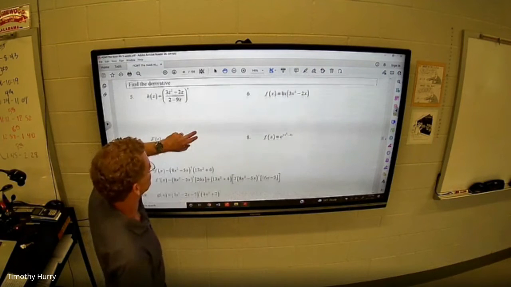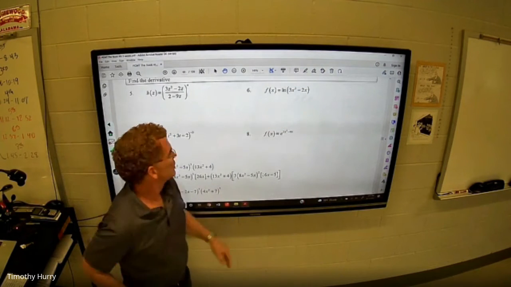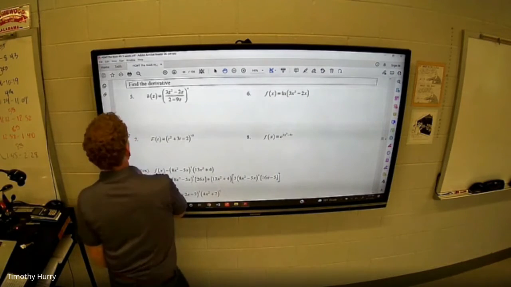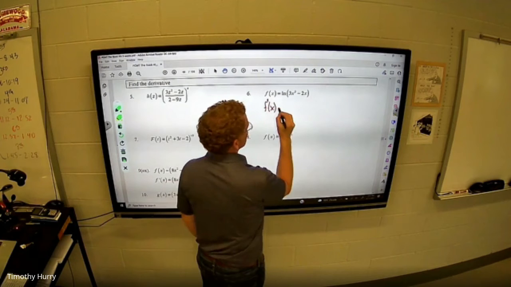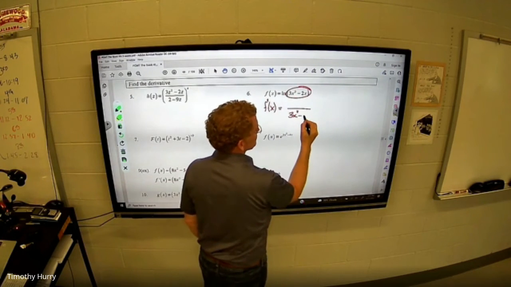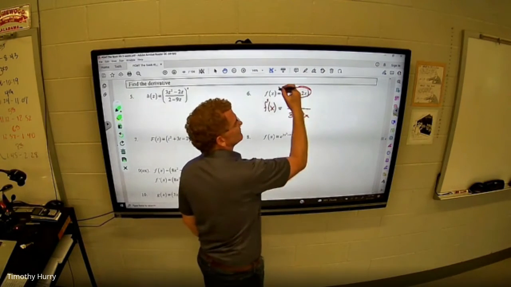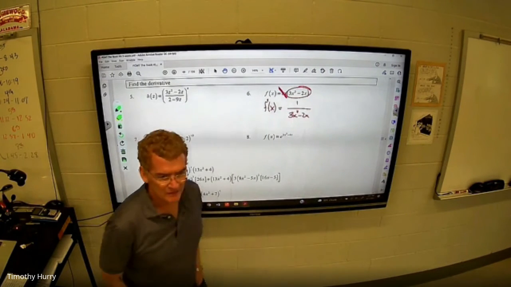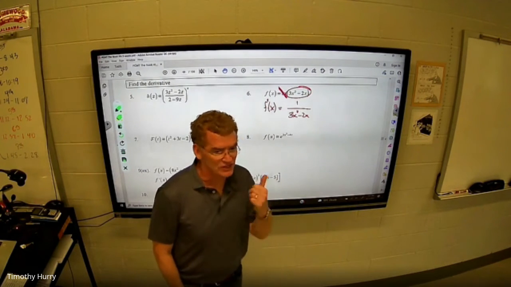Jump to number 6. So if I am natural logging blah, what is the rule for the derivative of a natural log? 1 over. So I am going to copy that to the bottom. And literally, when I do that, I have taken the derivative of the natural log. Now, yeah, there's a 1 on the top, right? But that's me taking the derivative of the natural log. But I haven't addressed the inner function yet, have I?